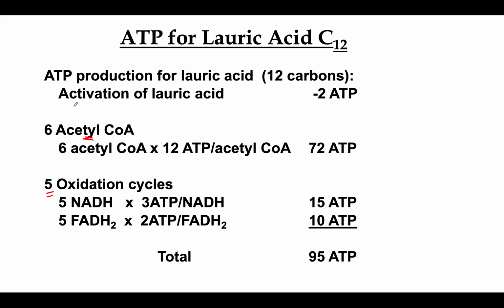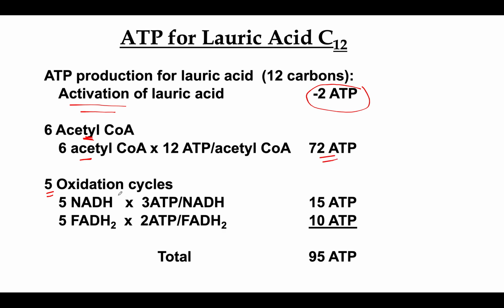So activation of lauric acid will take 2 ATP molecules, and from 6 acetyl coenzyme A molecules, 12 into 6, I will produce 72 ATP molecules.